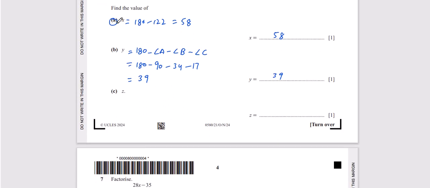So to find the value of z, 360 minus the other angles: angle x, minus angle B, minus angle C.